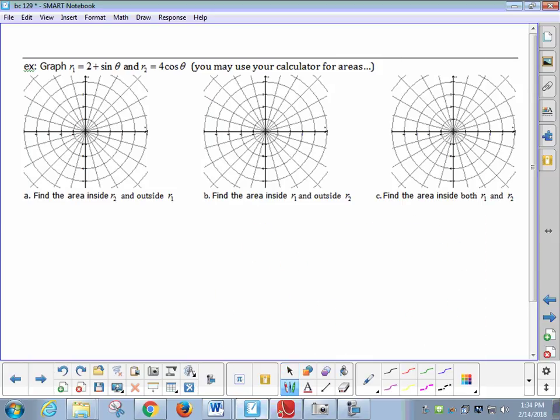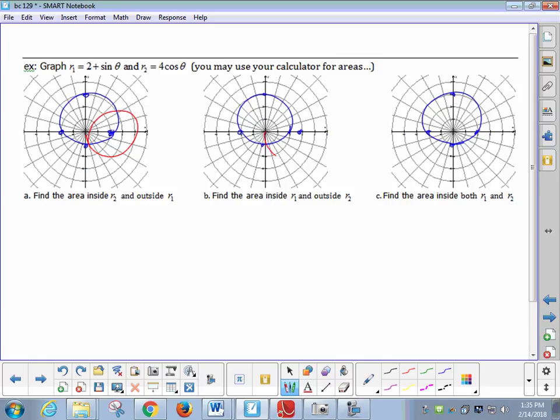Here we go. Real quick sketch: r = 2 + sine theta, and the red one, r = 4 cosine theta.